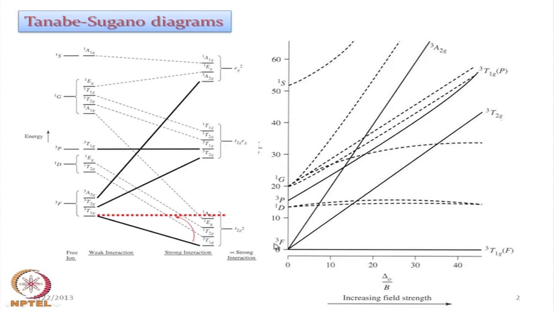Since it is originating from the 3F term, it will be labeled within brackets as 3T1G(F). Once we move this, our 3T1G term, which correlates with the 3F term, will go off further. So, this is the second line; the bold line is the next one, the 3T1G. And the third one, which is much steeper, is where we are moving in the anti-clockwise direction.